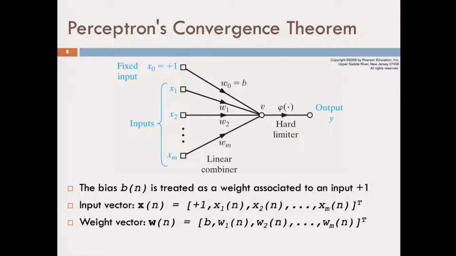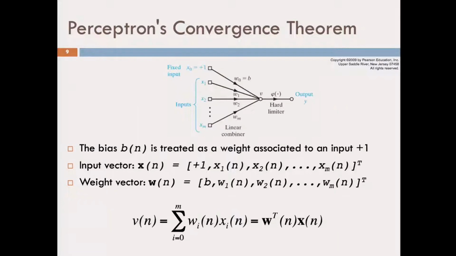Okay, now I'm treating the bias as just another weight and associating an input +1 to it. So, see, putting this in a vector representation. Previously I had i from 1 to m. Now I have i from 0 to m, multiplying every input with a weight. And now instead of this representation, I just put it in a vector form, okay?